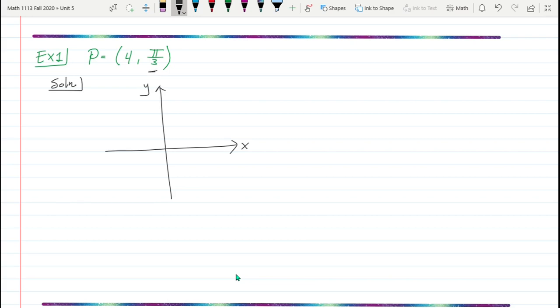So where is pi over 3? Because pi over 3 is positive, we locate it by drawing theta equals pi over 3. Pi over 3 is something right here, the aperture of the angle. If you think about it in terms of degrees, this should be 60 degrees.